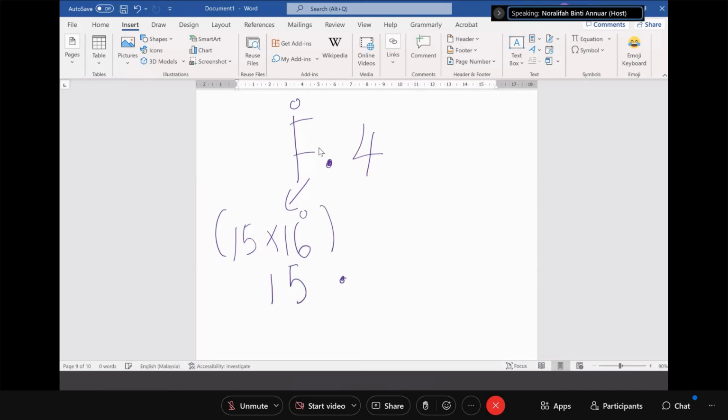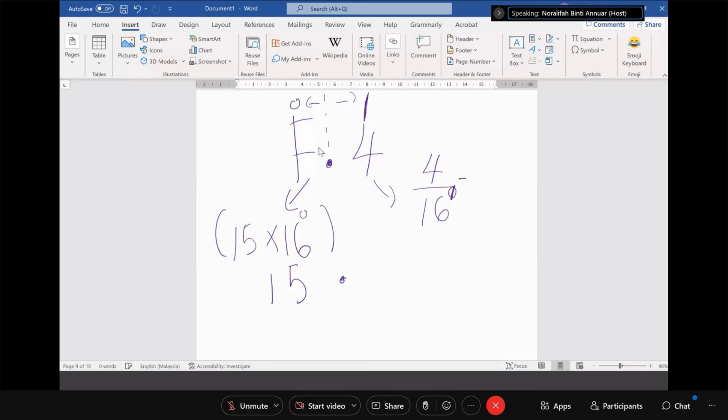Kita settle. Sekarang you kena 4. Kalau position after the dotted ni dia akan start with 1, bukan 0 lah. So ingat ni mesti ingat lah. So how you get this value is 4 times 16 to the power of negative 1.